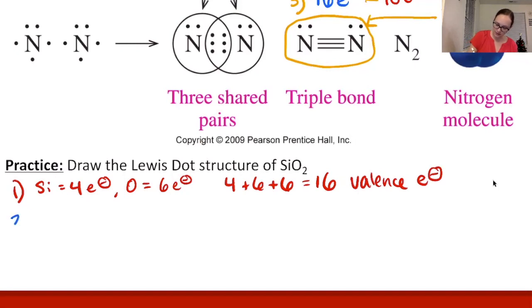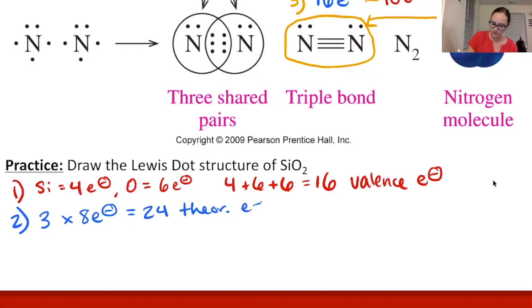Then we're going to calculate our number of theoretical valence electrons, or theoretical electrons. We have 3 atoms. Each of them wants 8 electrons, which is 24 theoretical electrons.